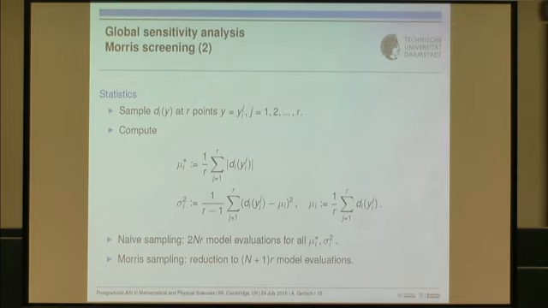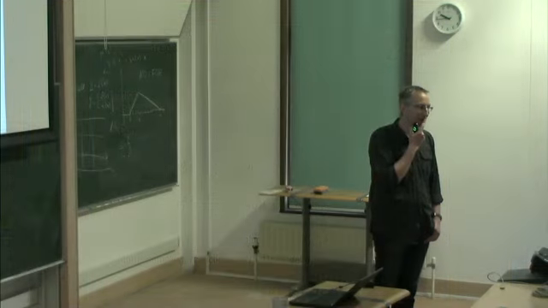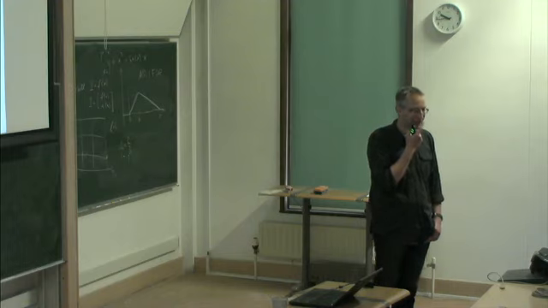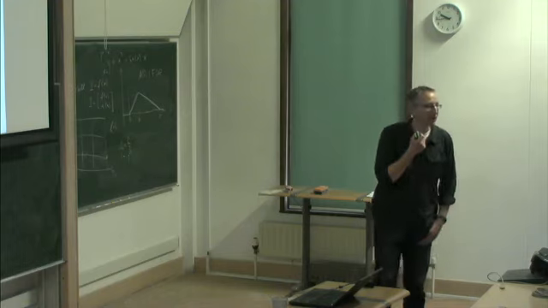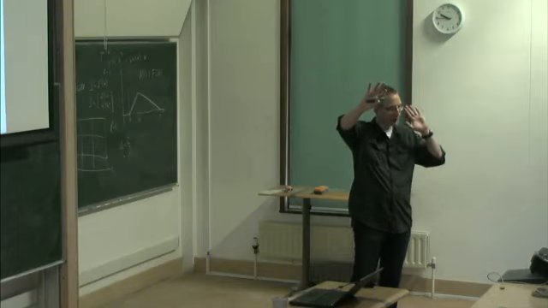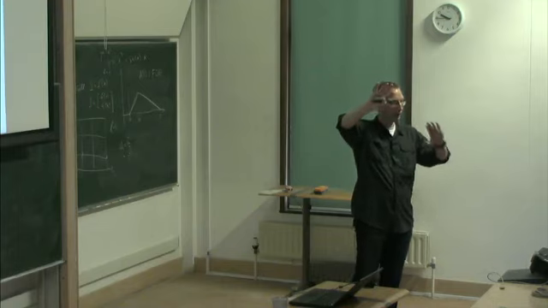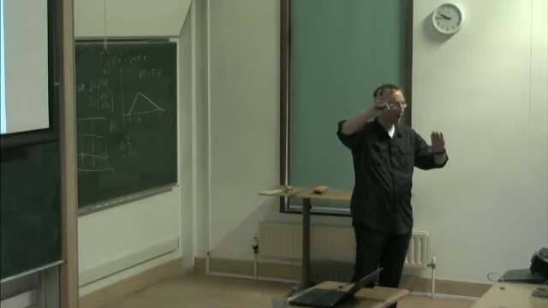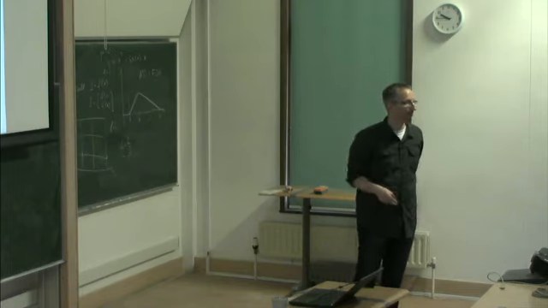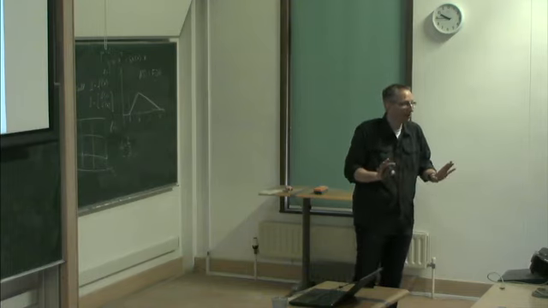Aren't you losing information here by taking the absolute value of those? Because in essence, you're saying that a negative change on the outcome is the same as a positive change. Yes, the point is I might have a negative change in one region of parameter space and a positive change in another region. And if I add them both, my mu tells me it has no influence.